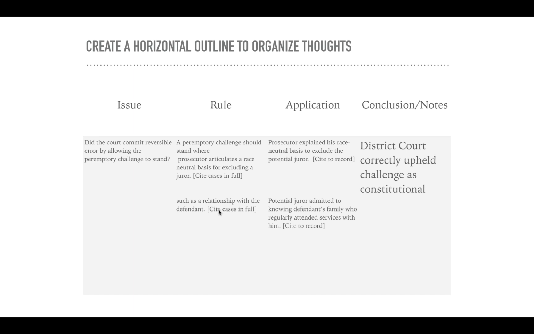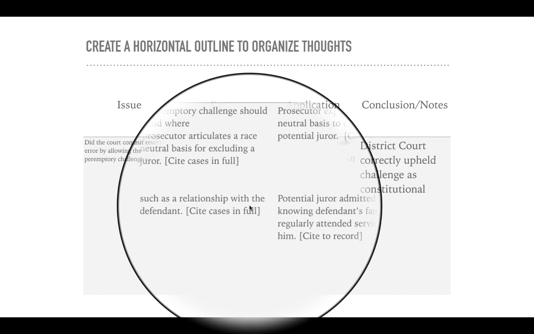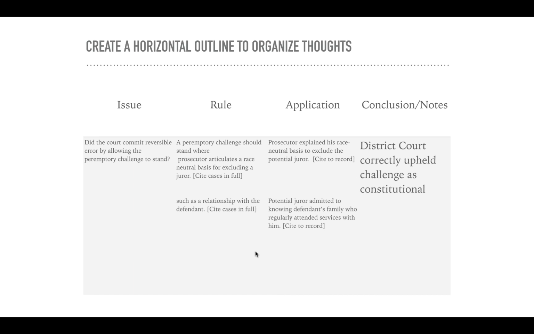And now you can put in your application-specific facts that relate to each part of this rule. So if a peremptory challenge stands when the prosecutor articulates a race-neutral basis, well, we'll have a citation to the record where the prosecutor articulated a race-neutral basis to exclude the potential juror.